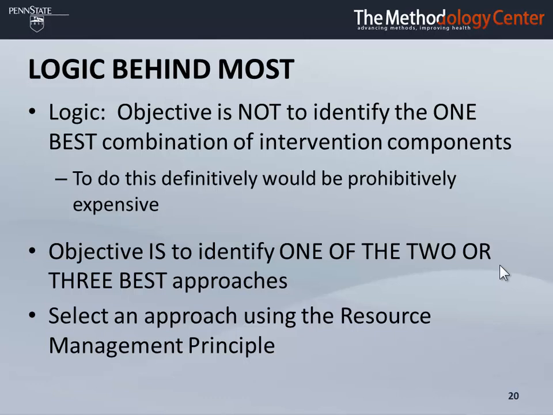So instead, MOST sets a more modest goal for itself, which is to identify one of the 2 or 3 best combinations. So the idea is to weed out all the clunker combinations and identify one of the 2 or 3 best approaches. And you do this by selecting an approach to experimentation using the resource management principle.